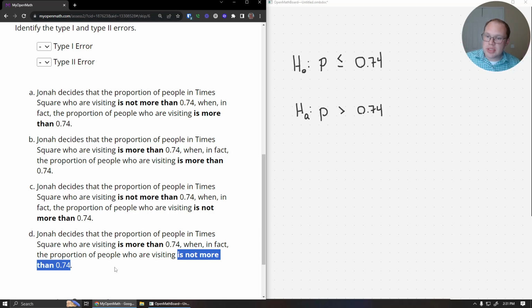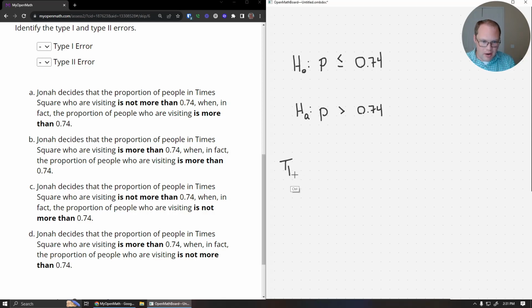So our two errors in this case are parts A and part D. Now we have to decide which is a type 1 error and which is a type 2 error. Okay? So remember, a type 1 error is when you reject the null and accept the alternative, but in fact the null is true and the alternative is false. Okay? So let's first identify our type 1 error.